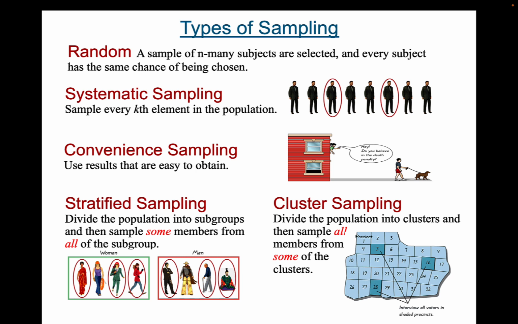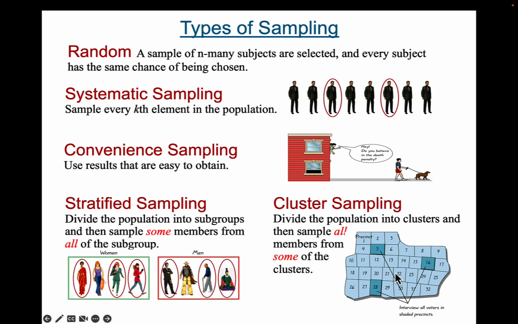Now here's the difference though. If you're doing stratified sampling, you would go to your first group of women and talk to some of them. You'd go to your next group of men and talk to some of them. You'd go to your next group, should there be another one, and talk to some of them. You'd go to every subgroup you created and talk to some of them. That's stratified sampling.